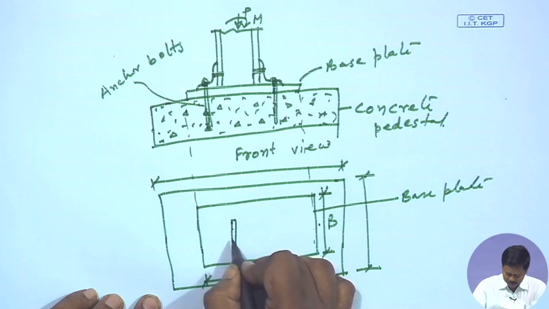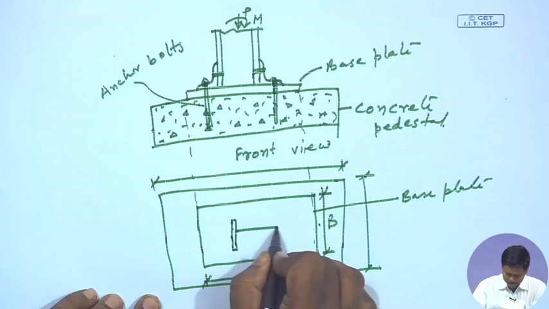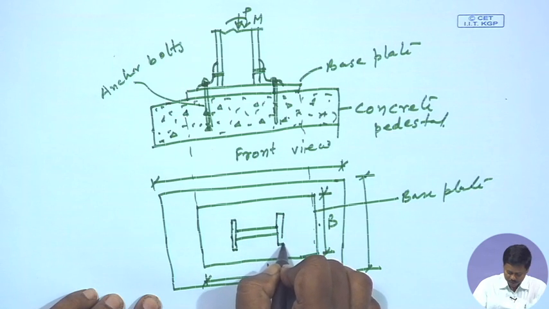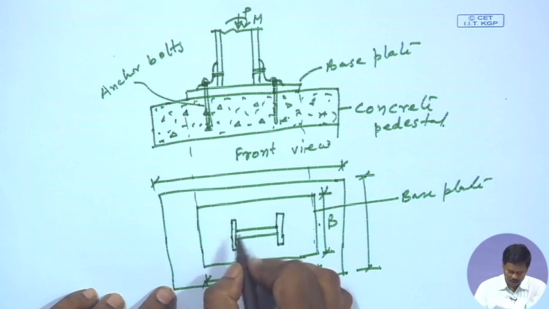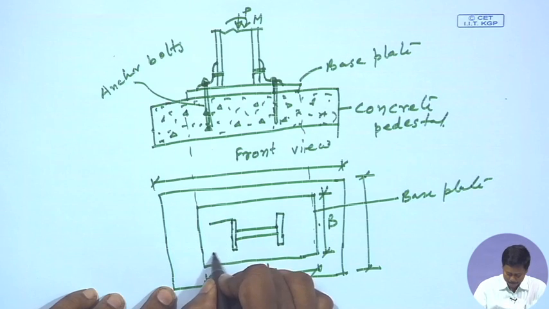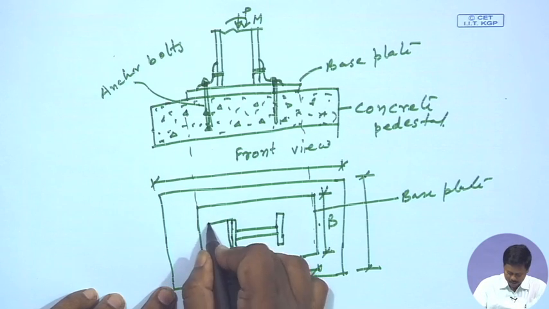So, for example, for these I section columns, its top view will look like this and the column is connected with the cleat angle, right.